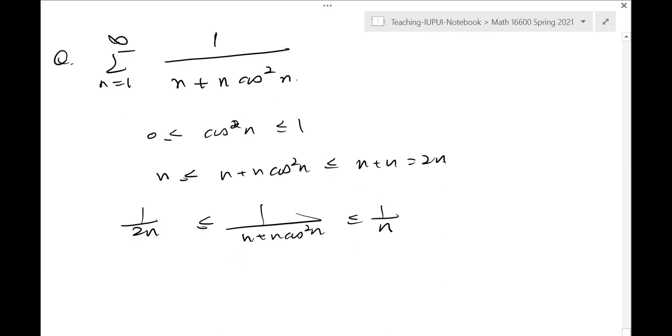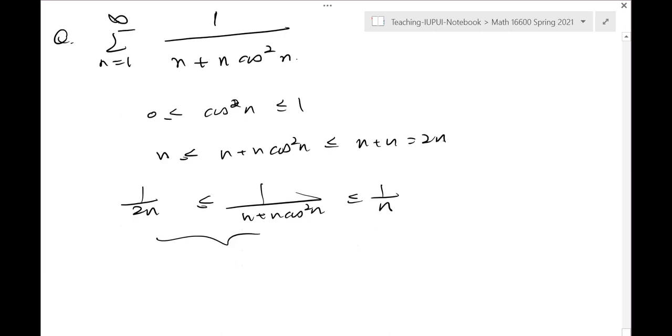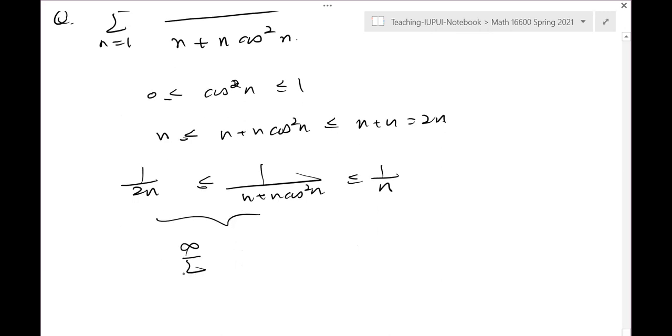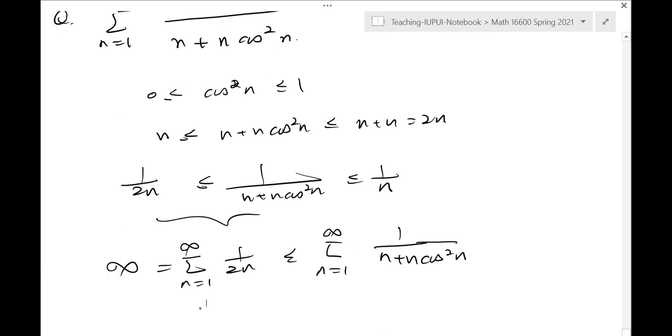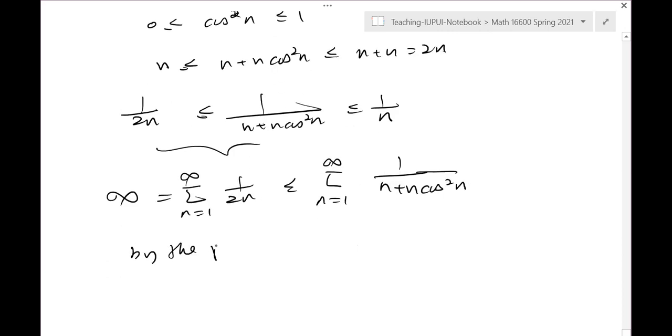And we know that, okay, it's by the comparison test, right? What I need is just this part. That's all I need, because you want to prove that this is divergent. Okay, so this side is infinity. This is by the p-series test, p equals 1.